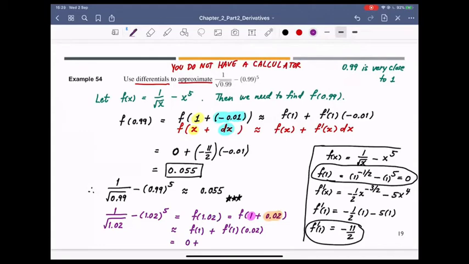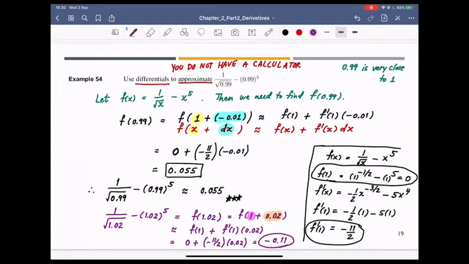F prime 1 is equal to negative 11 over 2, and then 0.02. When I compute this, the 2 cancels, so I get negative 0.11. So if I want to approximate 1 over square root 1.02 minus 1.02 to the 5th power, I can approximate it by using differential, and my answer is going to be negative 0.011.